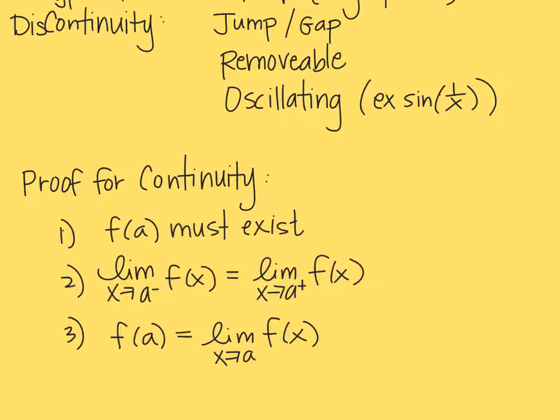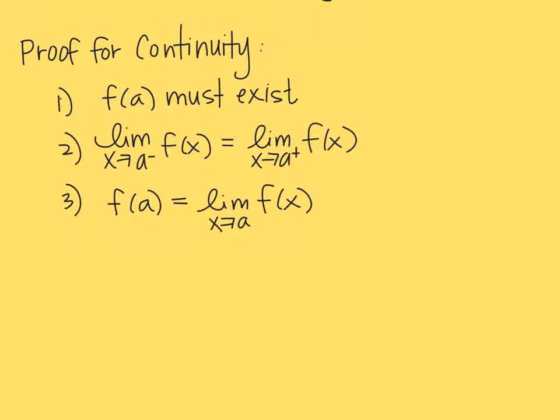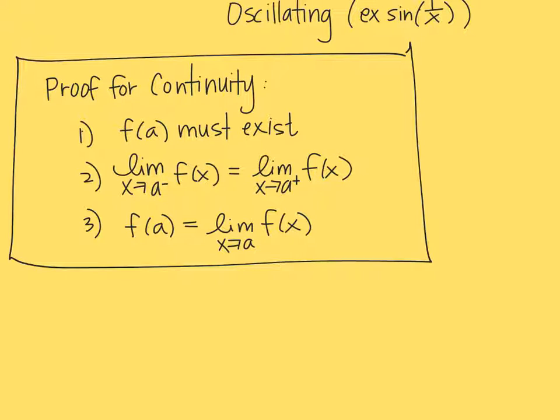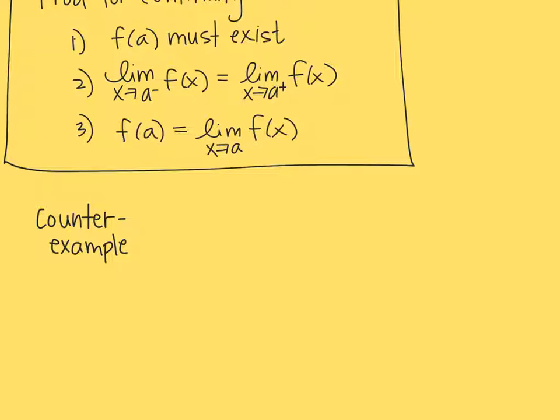Because an example, a counterexample, might be like this. Okay, so there's a counterexample. F of A exists.